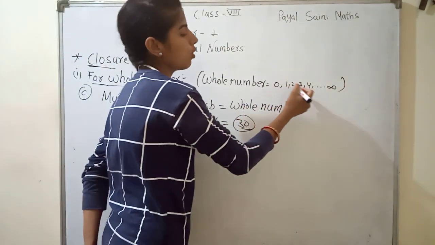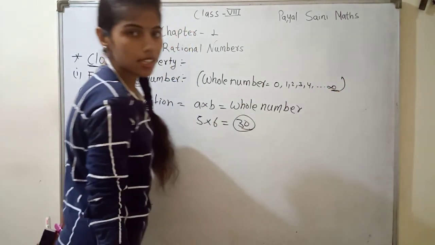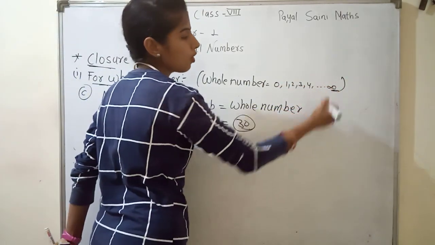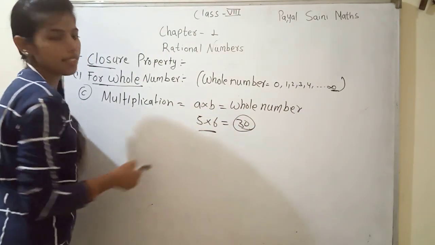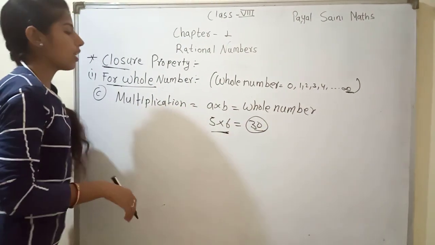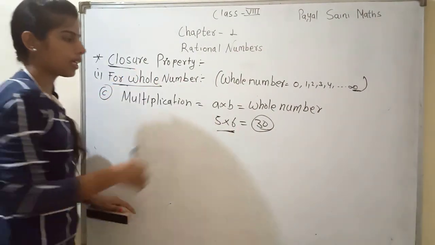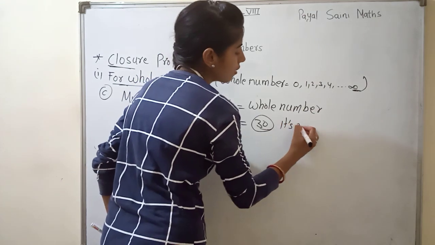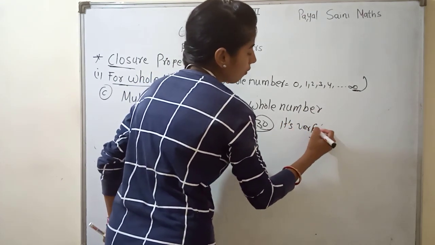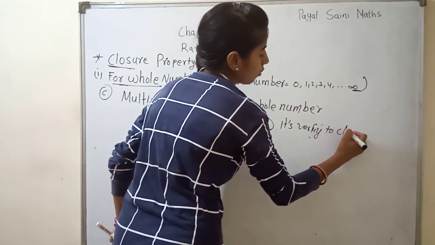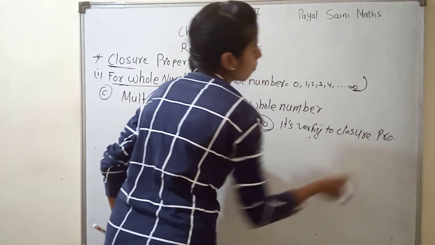Whole numbers 0, 1, 2, 3 continue to infinity, and infinity we don't define. So by example, multiplication for whole numbers verifies closure property.